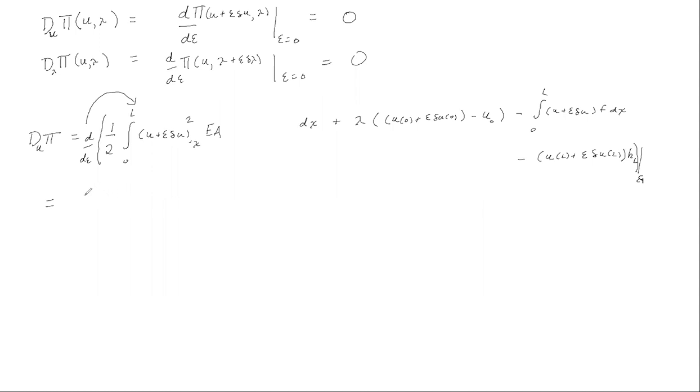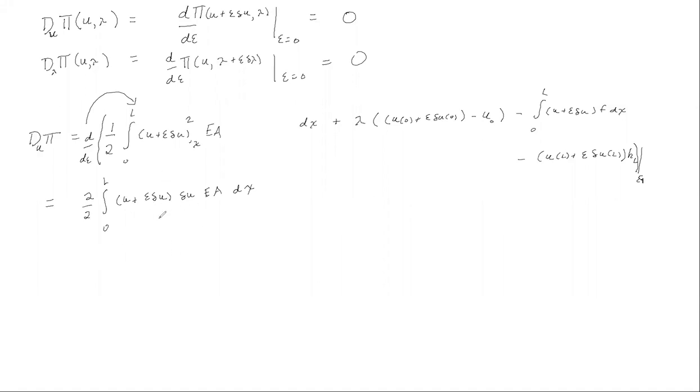The 2 is going to come down, 2 over 2, the integral 0 to L of u plus epsilon delta u, and then we're going to get a delta u, EA dx. Let me just stop there. Any questions on what I just did?